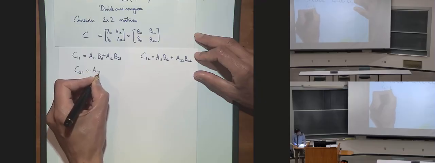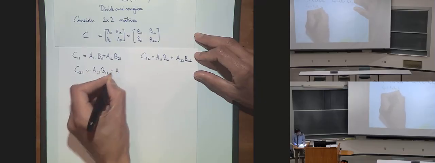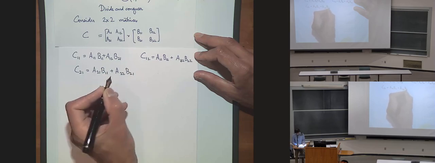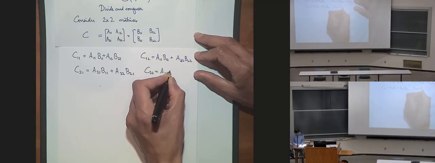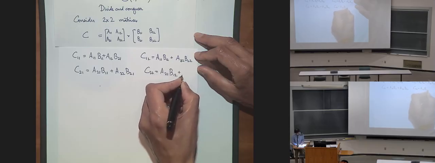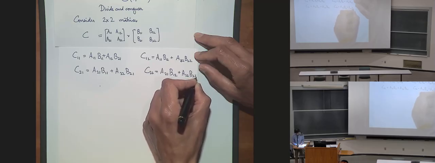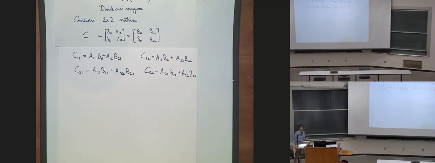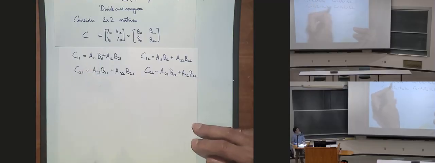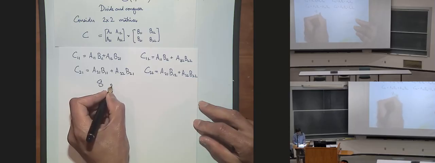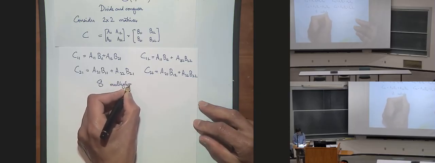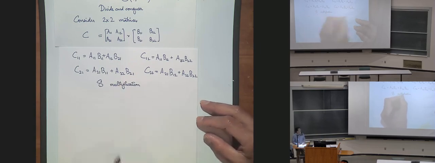C21 is A21 B11 plus A22 B21, and C22 is A21 B12 plus A22 B22. Right? This is just simple. So how many multiplications do you need? 8 multiplications. And then a bunch of additions.